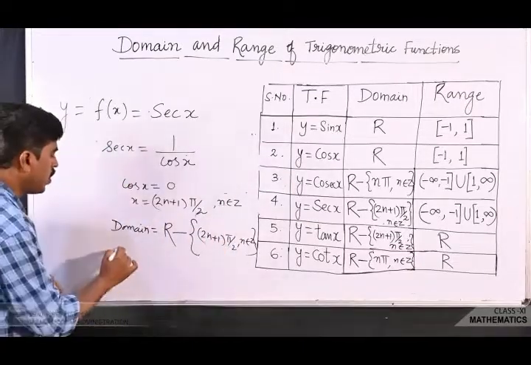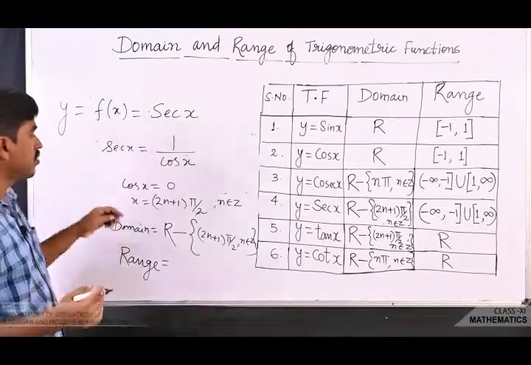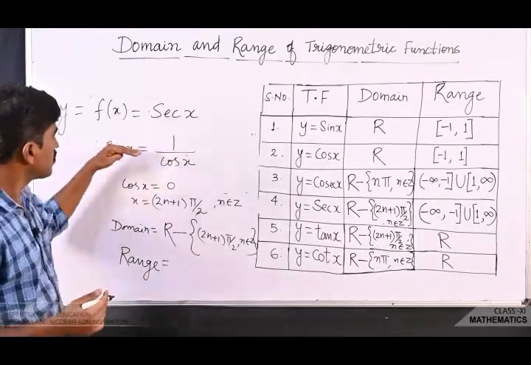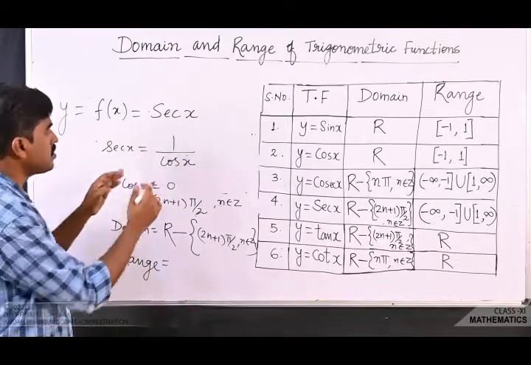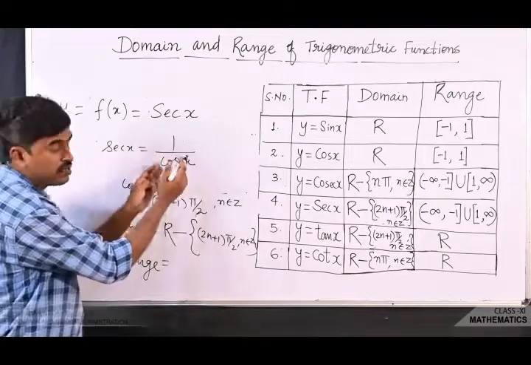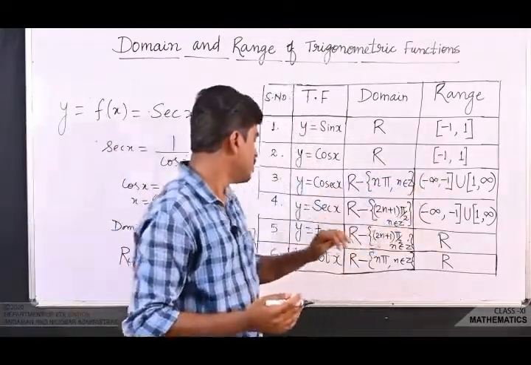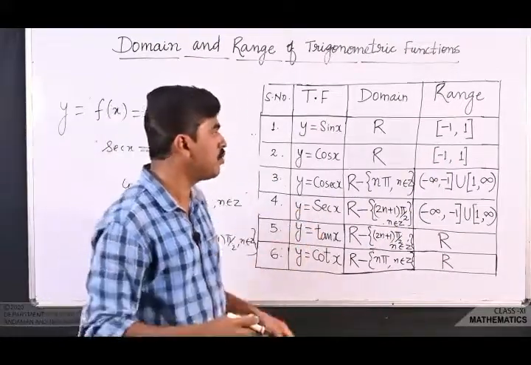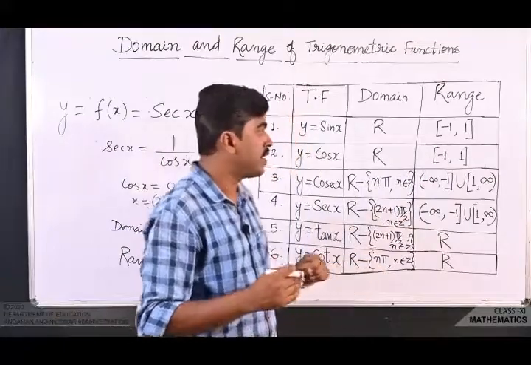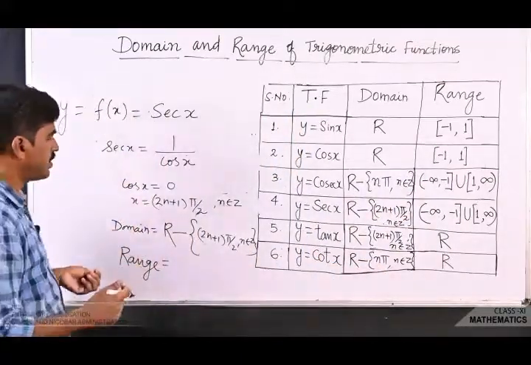Now again, the range is the same as cosec x, because sec x is the reciprocal of cos x. We know that the range of cos x is the closed interval minus 1 comma 1. So for the range of sec x, we will not get any image between minus 1 and 1, whereas we will get images greater than or equal to 1 and less than or equal to minus 1.